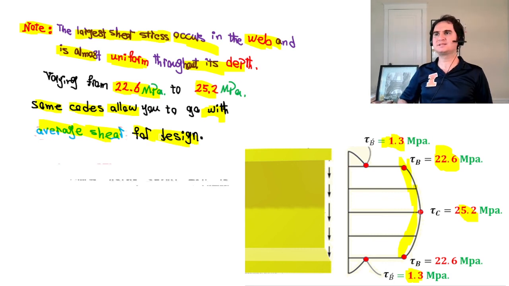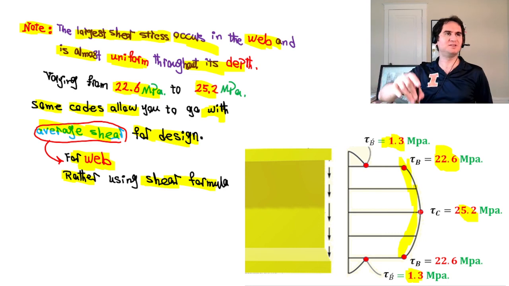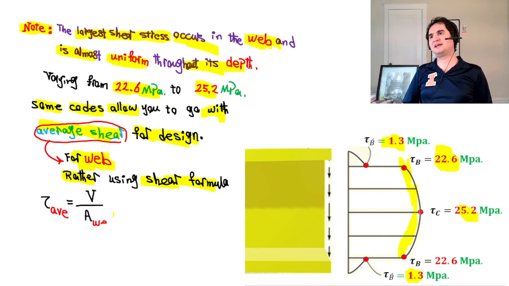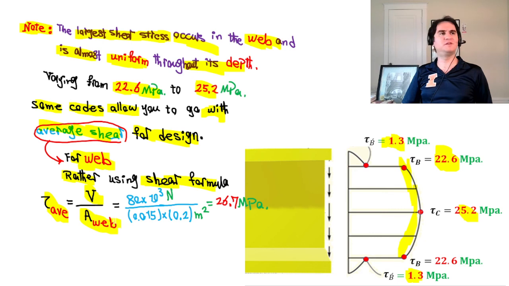And what that means is to calculate the web average shear rather than using the shear formula, and that's far simpler. Some codes allow you to go that way. And what is that? That's tau average, based on your shear over the area of the web, without the calculation of Q, without the calculation of moment of inertia.